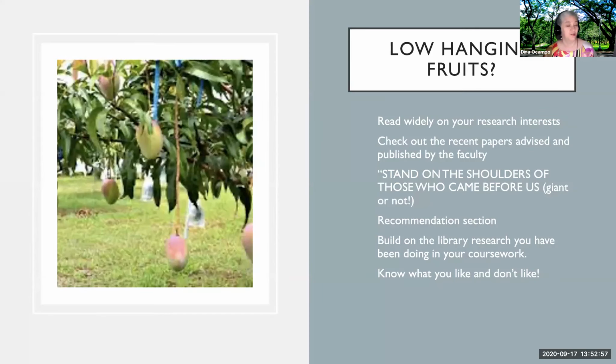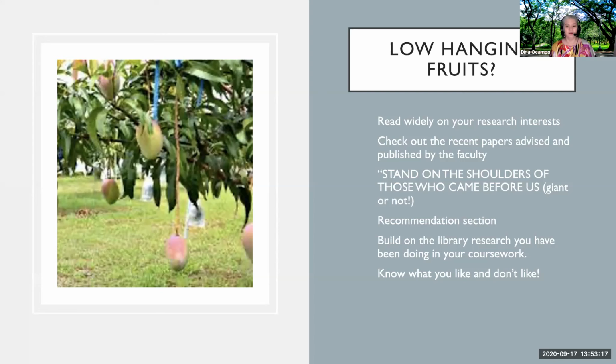Another source for finding a research topic would be low-hanging fruits. You need to read widely. I keep on saying this, but this is really the rock on which your decisions will be based. You need to check out the recent papers advised and published by the faculty in your area.